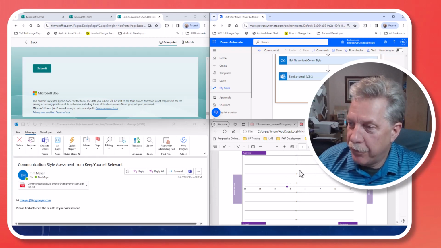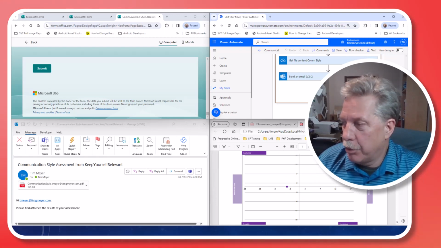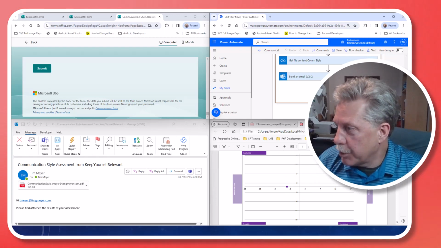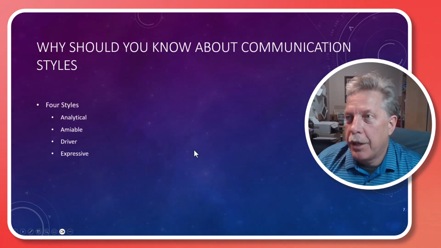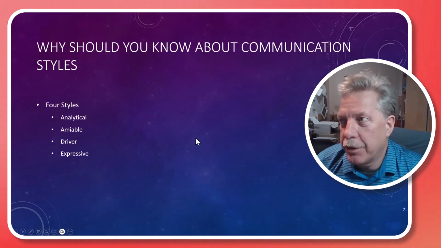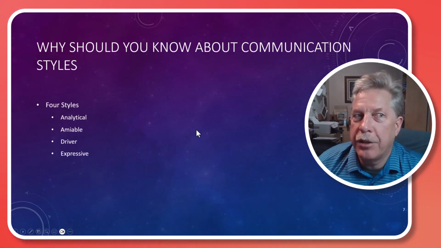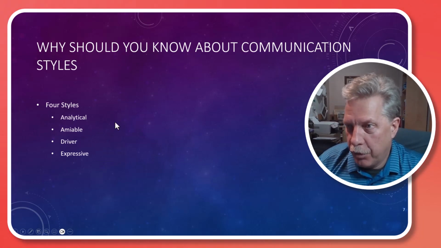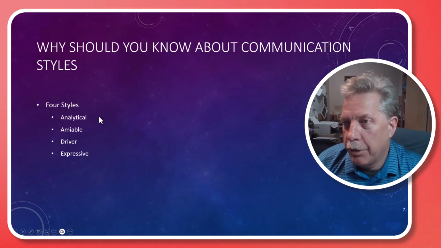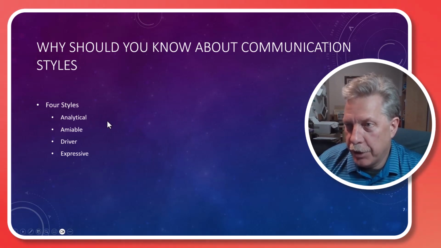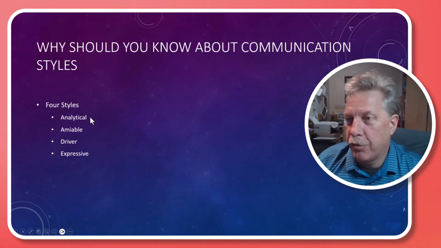So that's the 4 different pieces that are produced as part of the assessment. And why is that important? It's important to understand the communication styles and what they are so that you can help that team member produce information when they have to present it to others. And they're one of four styles.